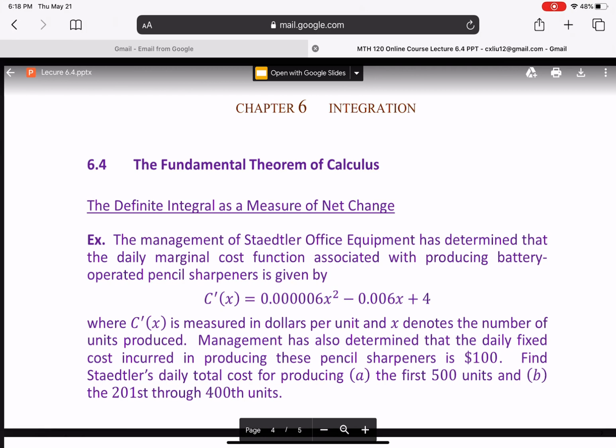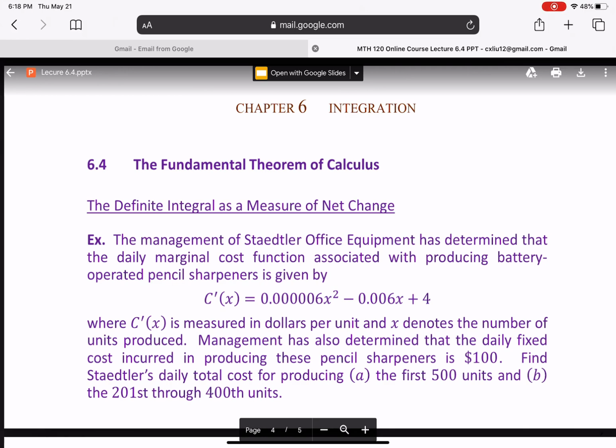And this C prime is measured in dollars per unit, and x denotes the number of units produced. Management has also determined that the daily fixed cost incurred in producing these pencil sharpeners is $100. So this is the cost that is needed even without producing anything.